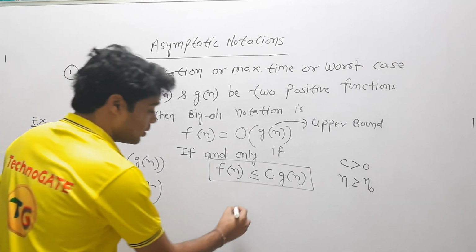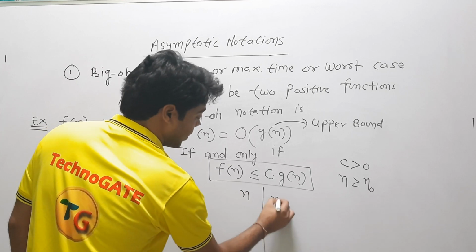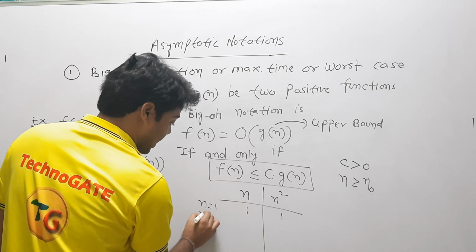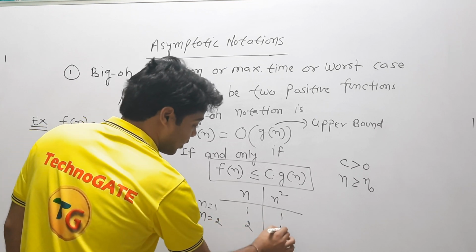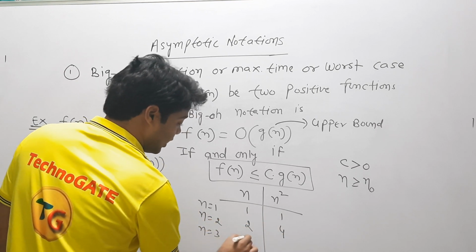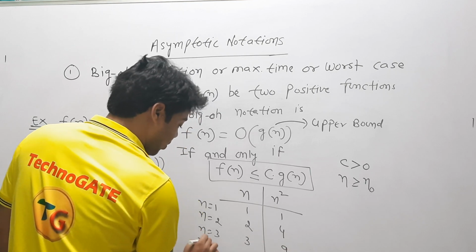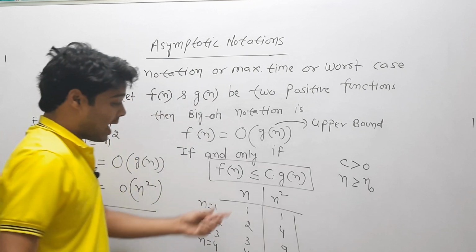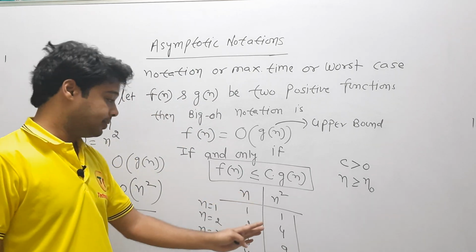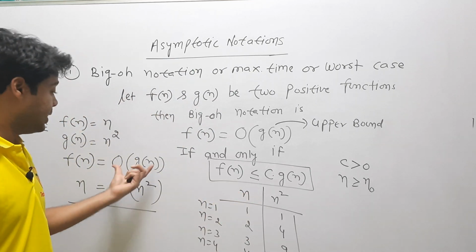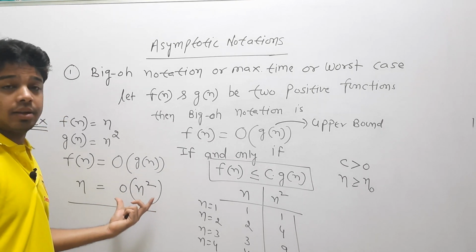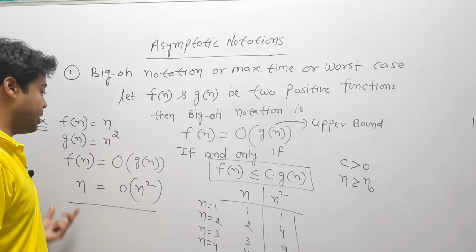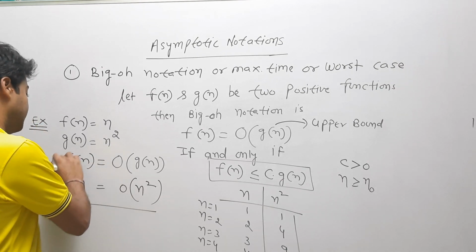Why? Suppose this is n and this is n square. If n is 1, it is 1, it is 1. If n is 2, it is 2, it is 4. If n is 3, it is 3, it is 9. If n is 4, it is 4, it is 16. So n square growth rate is much larger than n. So here Gn, n square, is an upper bound. So here Fn is big O of Gn.